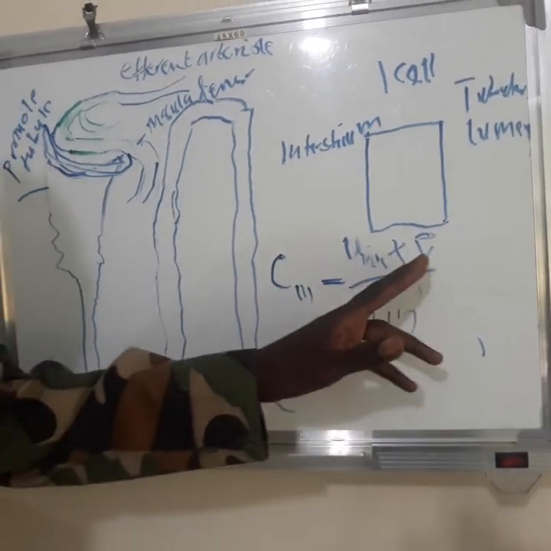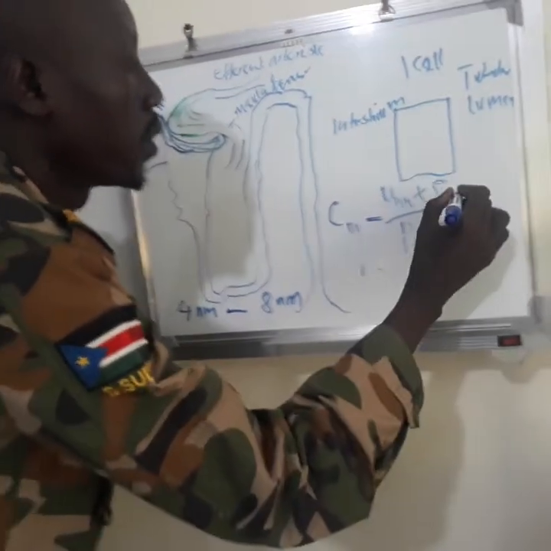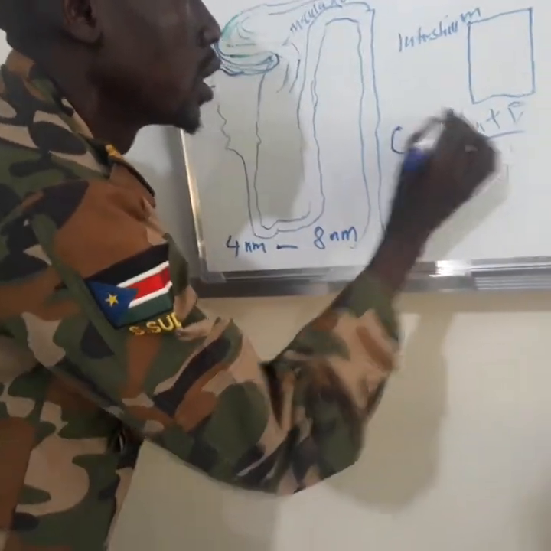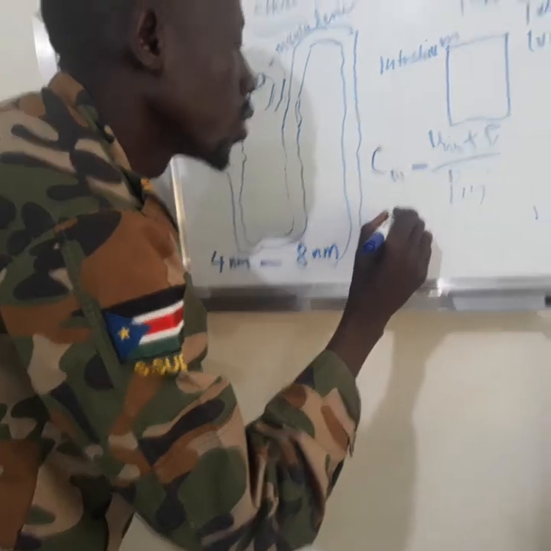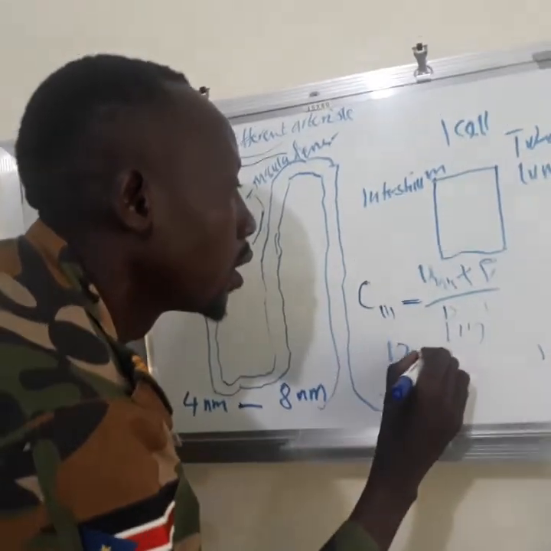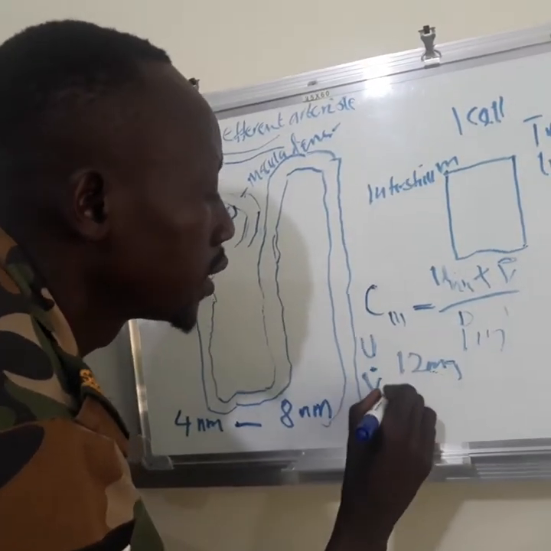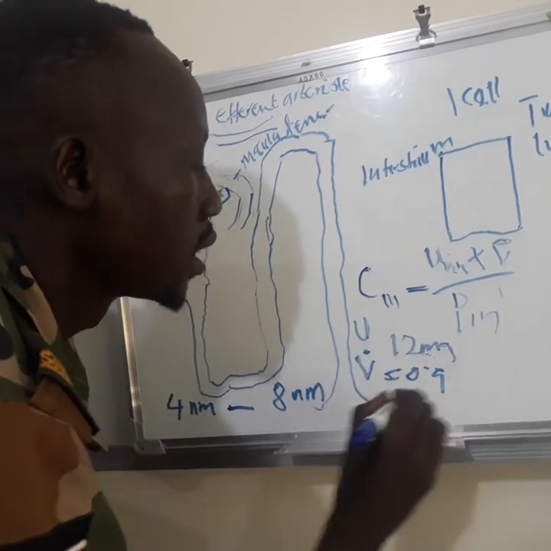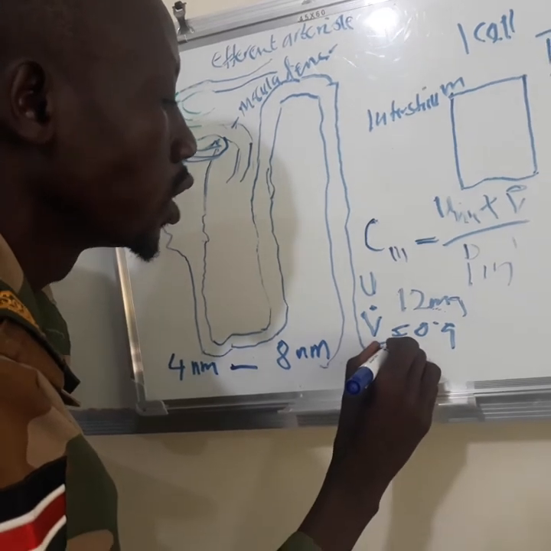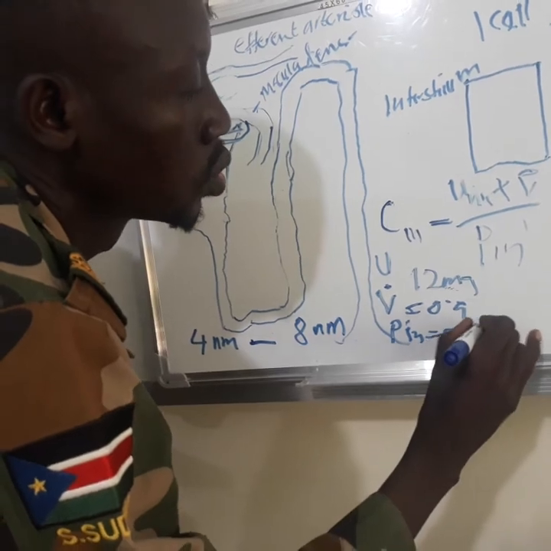So, supposing, for example, the urine concentration of inulin is 12 milligram, and urine flow is 0.9, and plasma concentration of inulin equals 0.02.